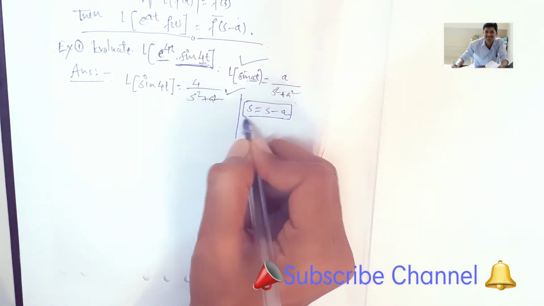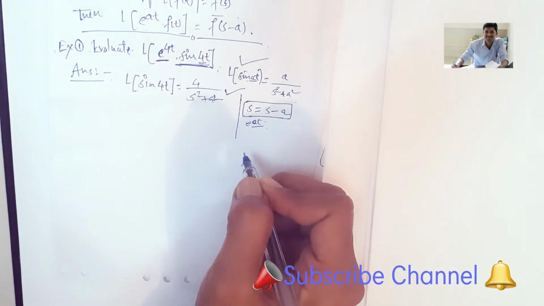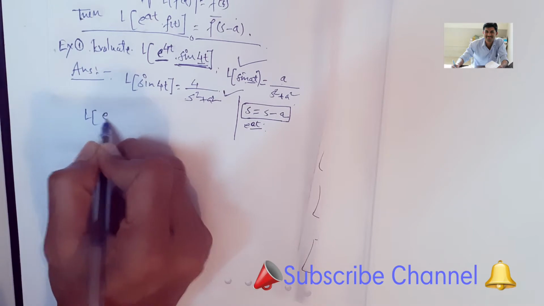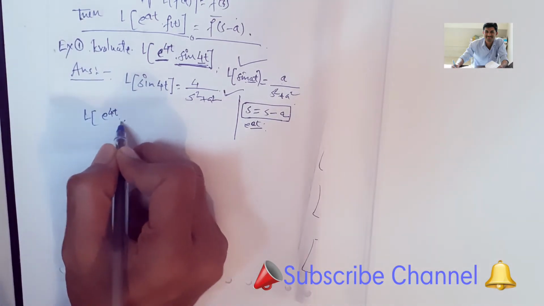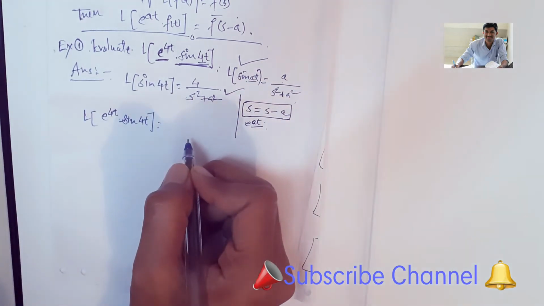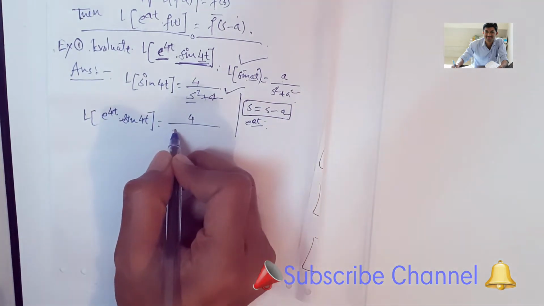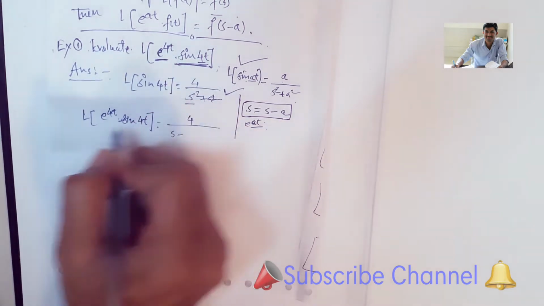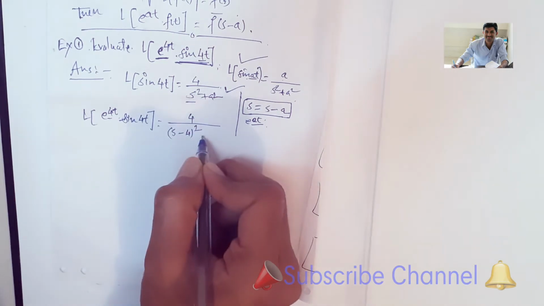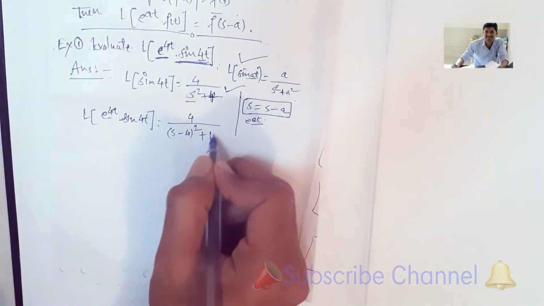Remember, when we multiply by e raised to power at, here the value of a is 4. Then Laplace of e raised to power 4t into sine 4t equals: the numerator 4 as it is. In place of s I am putting s minus 4. Here it is square as it is, plus 4 square, that is 16, so 16 as it is.